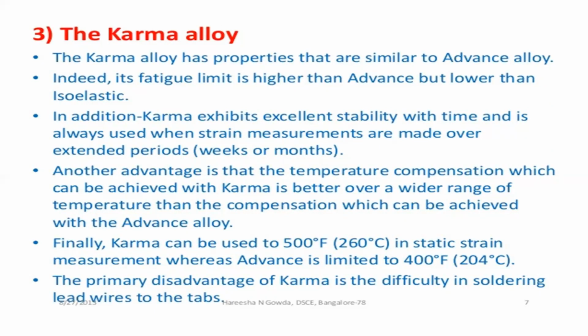So what are the advantages of these alloys used in the strain gauges? You can see it exhibits excellent stability. The stability of this strain gauge is very high by using this type of alloys with time, and it is always used when strain measurements are made over extended periods.